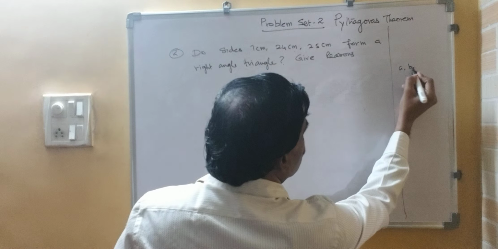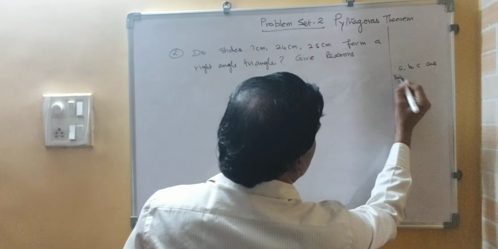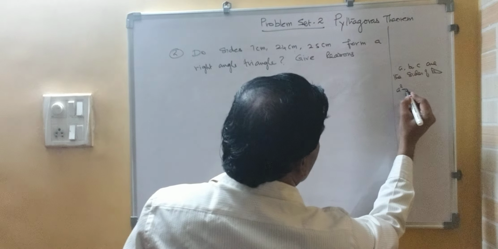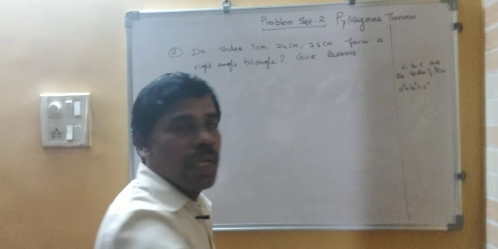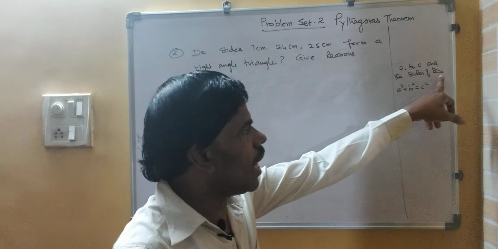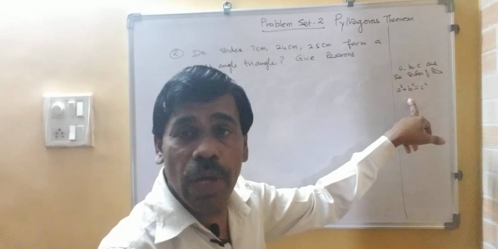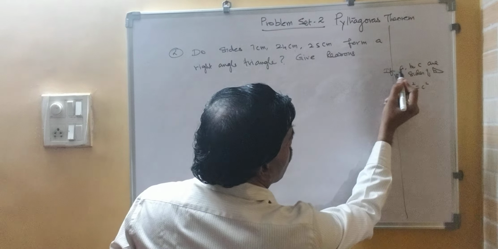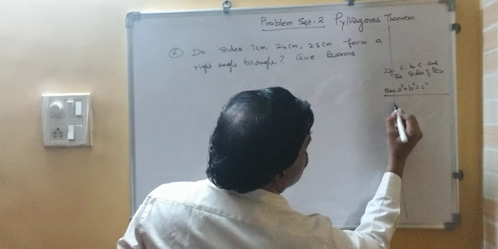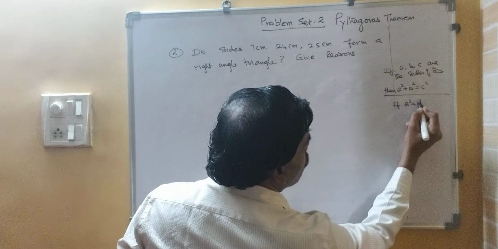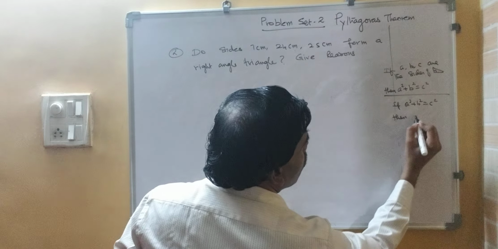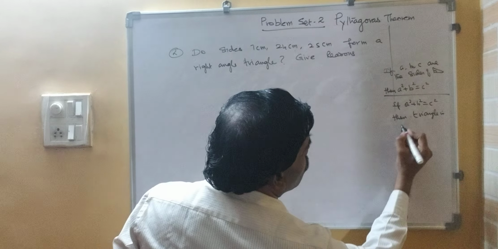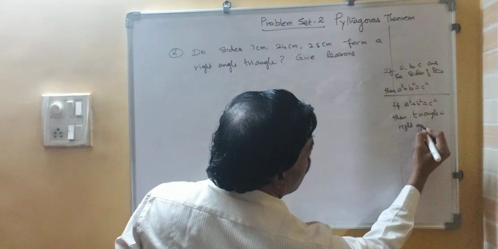Suppose A, B, C are the sides of a right angle triangle, then A square plus B square should be equal to C square, right? If it is a right angle triangle, then A square plus B square equal to C square, or we can say if this then this. Converse, if A square plus B square is equal to C square, then triangle is right angle triangle.